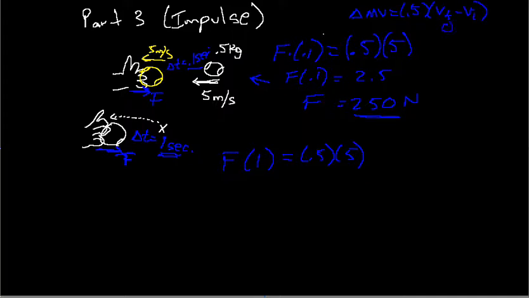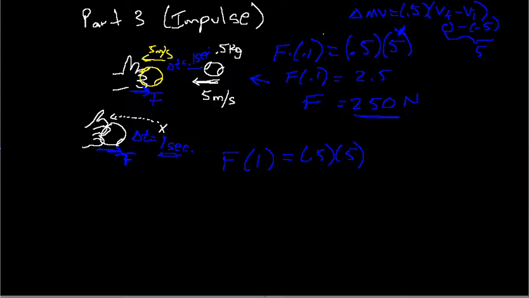V final is 0. V initial, let's say it's going in the negative direction, so it's minus a minus 5. So that whole thing becomes 5. That's where I got that from here. Okay? So this is my change in momentum.